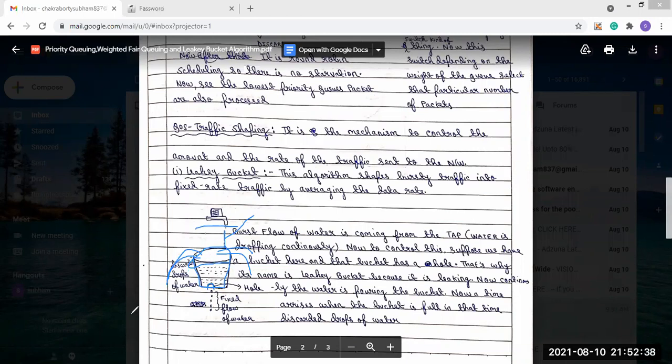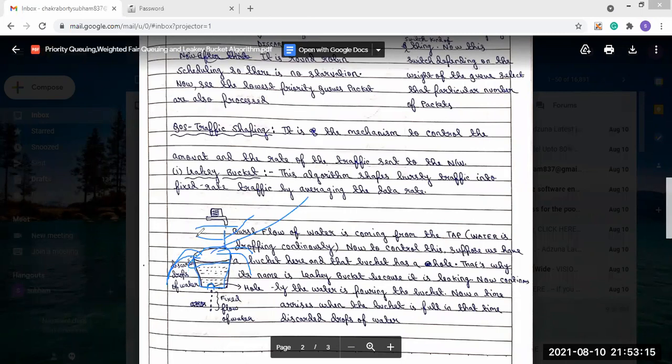If we take this concept into the network, and the data or packets are being sent, and in place of this bucket we use a queue, then the burst flow of water drops converts into a burst flow of packets.